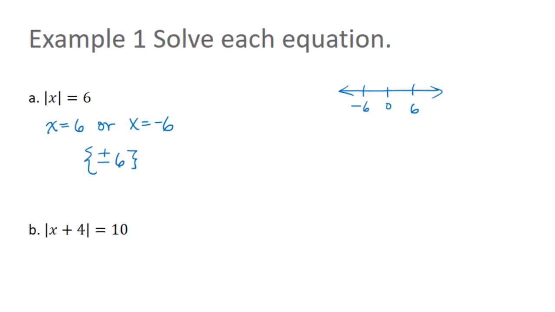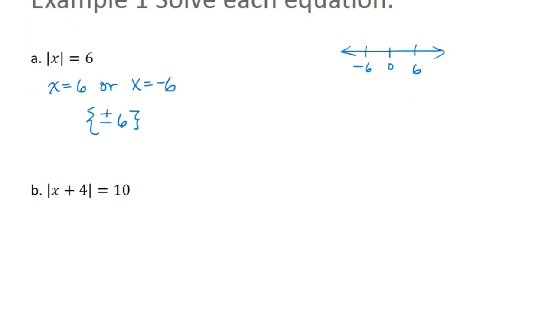Part B is the absolute value of x plus 4 is equal to 10. So notice that the absolute value, the vertical bars, our field goal, is isolated to one side. So we're going to apply the property that says if the absolute value is equal to a positive number, we're going to have two solutions.